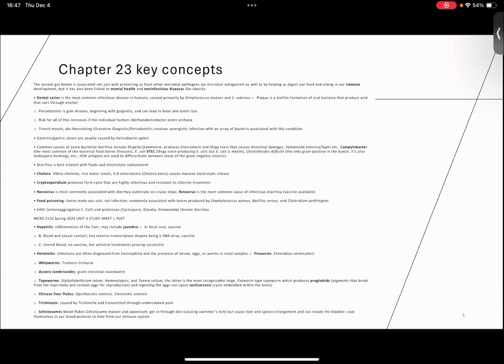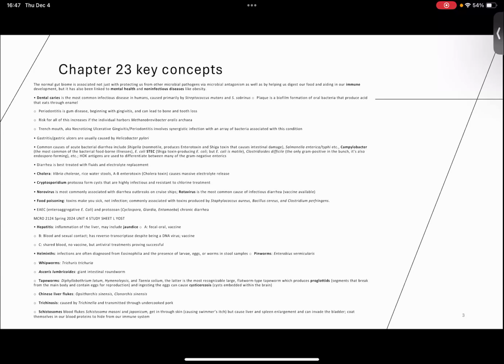So the normal gut biome is important for creating microbial antagonism, taking up stadium seats and preventing other bad guys from populating. It's also important for helping you digest your foods, because these microbes can break down parts of your food that you can't digest with your normal digestive enzymes, making the nutrients more bioavailable.